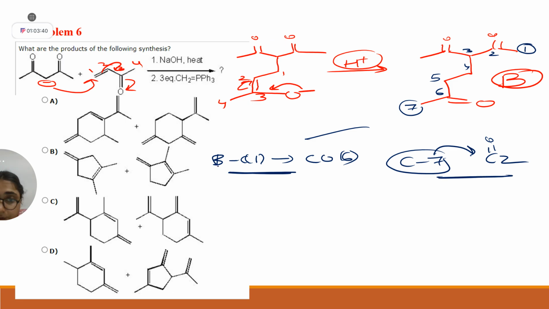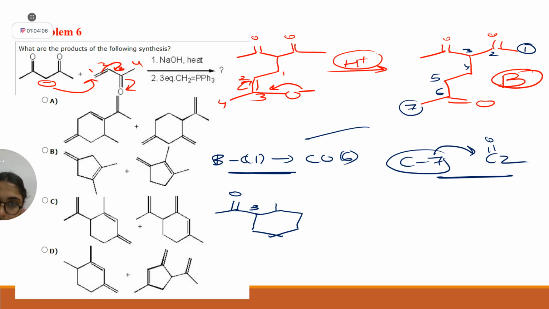If the base abstracts a proton from carbon number 1, how many member ring will form? 1, 2, 3, 4, 5, 6. So I am just drawing. You have to form a 6-member ring in a similar way.